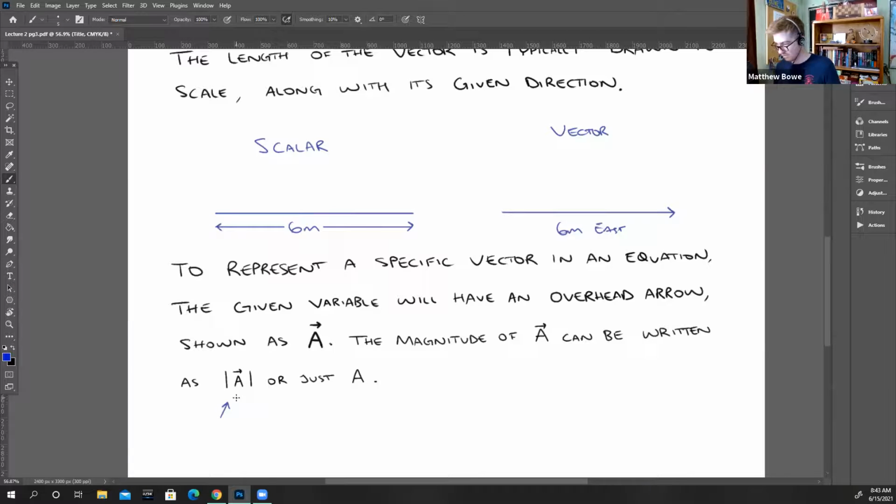I'll go over how to find the magnitude in just a second. But by finding just the magnitude, I'm sort of stripping away the direction connected to it. So it can be written as this or just A. That's just the value of this example. So instead of 6 meters east, it's just 6 meters.